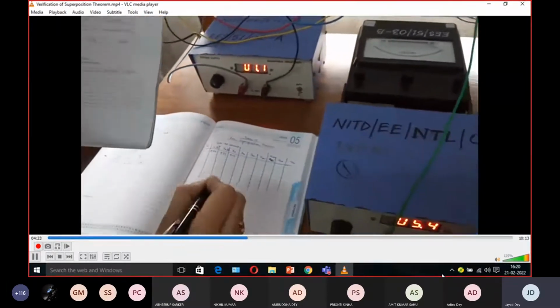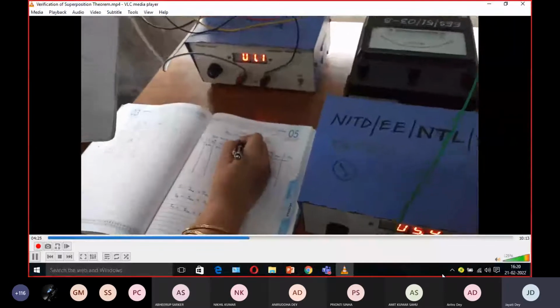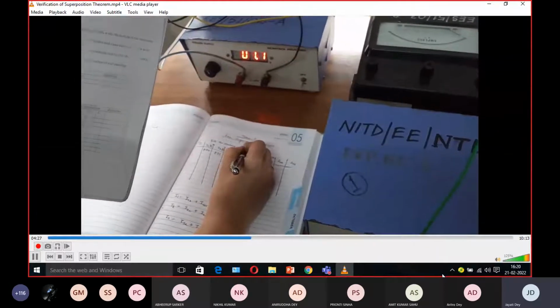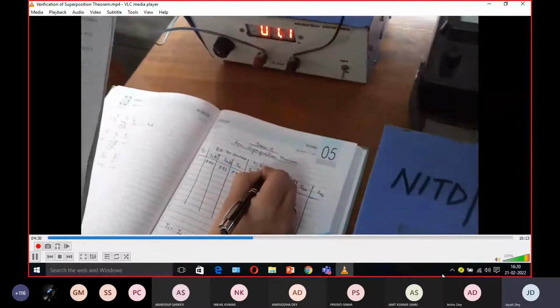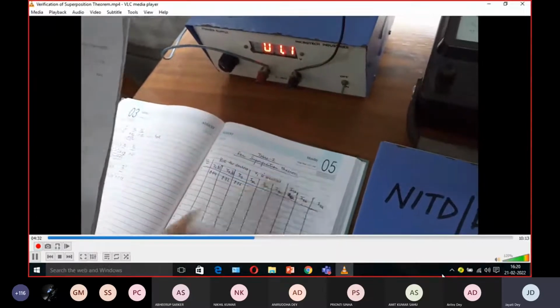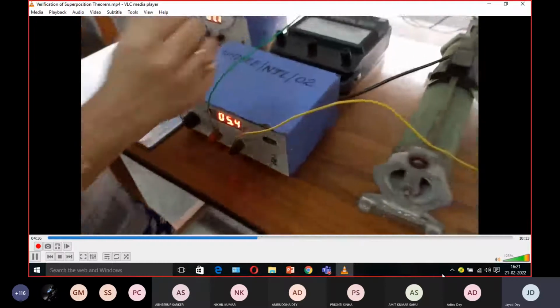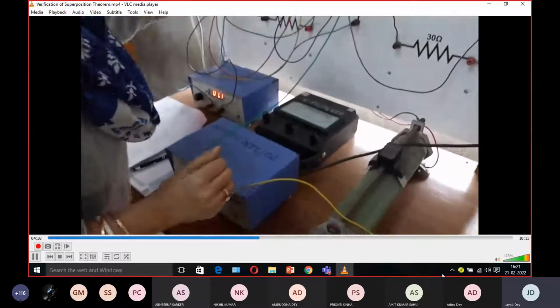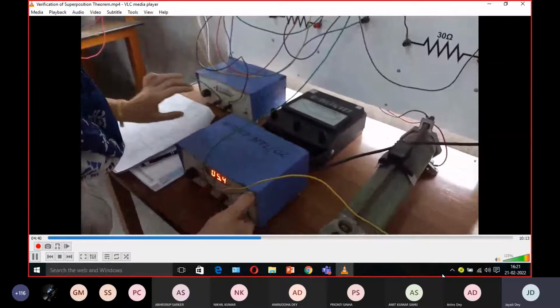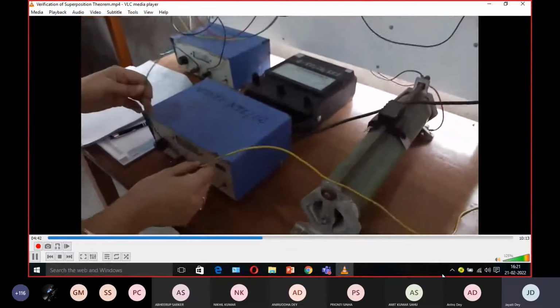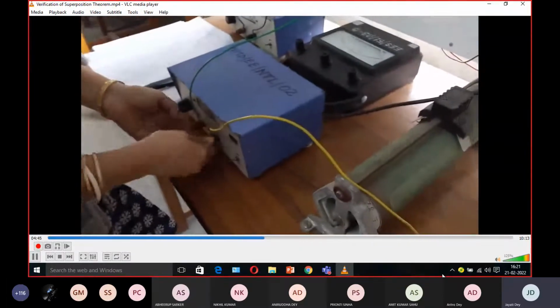Let me proceed to the second run, when only V1 is connected. That means we have to short the V2. Let me short it. Now I am making it off. Every time you have to keep in mind that you have to make it off, and then we will do this.